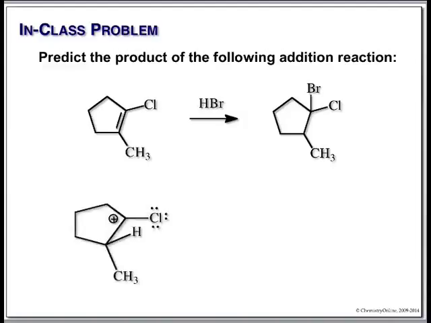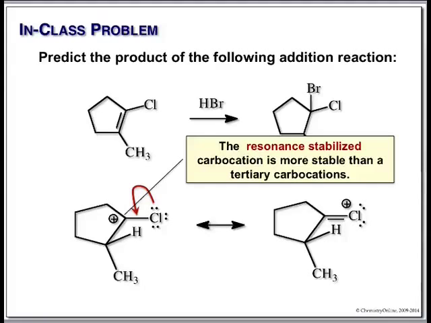We can draw a resonance form where we take one of these electron pairs, move it in, and we form this resonance form. This is an example of a resonance stabilized carbocation.